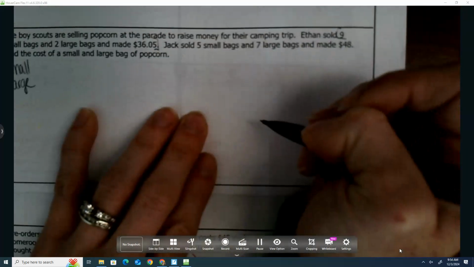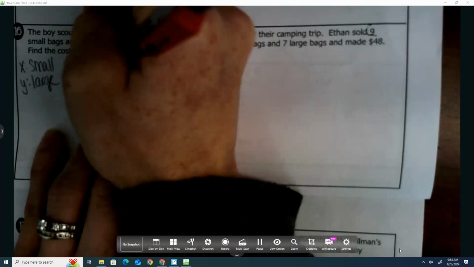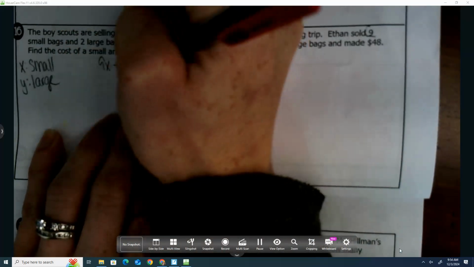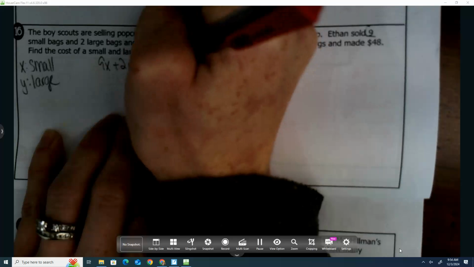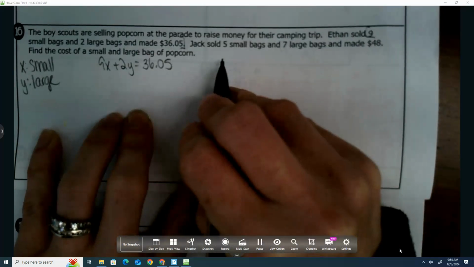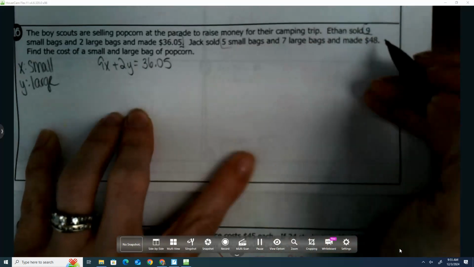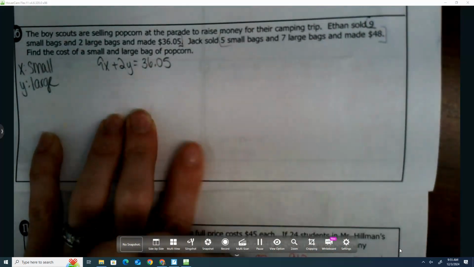What would that equation be? 9x plus 2y equals 36.05. Okay, second one. He sold 5 small and 7 large and made $48. What would that one be?